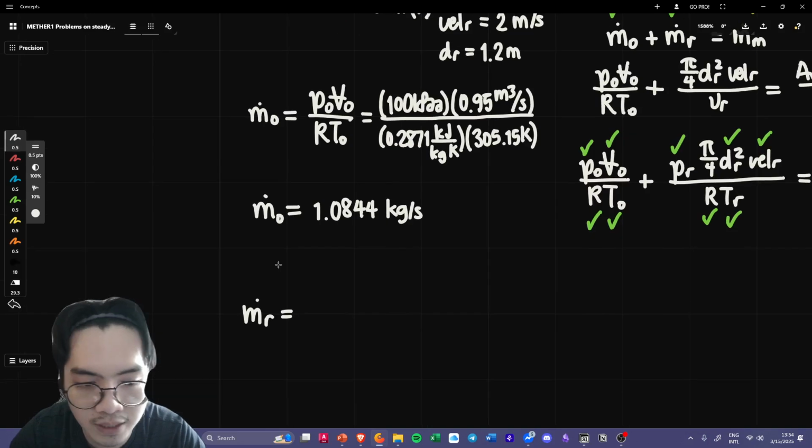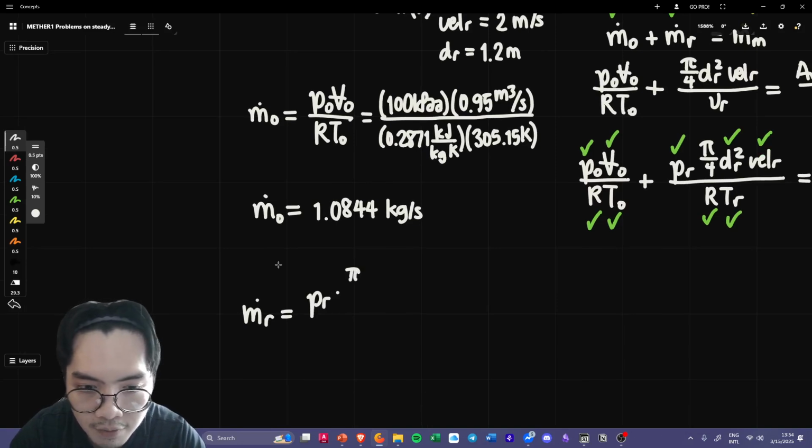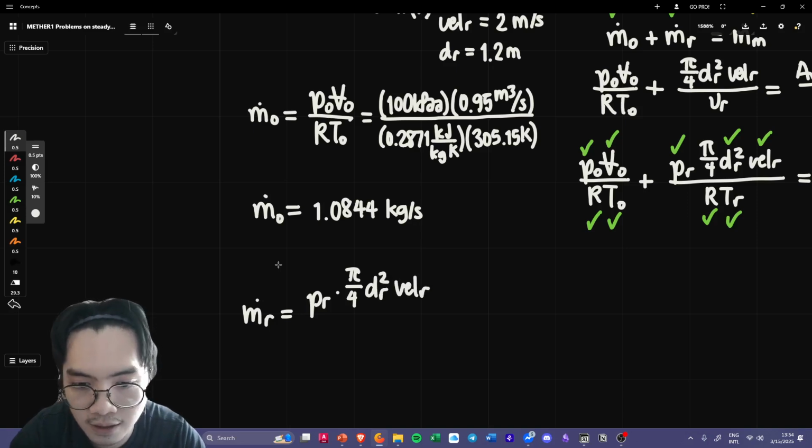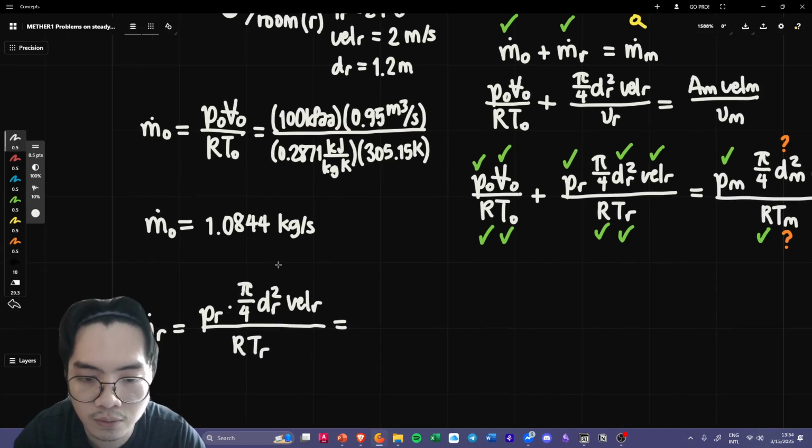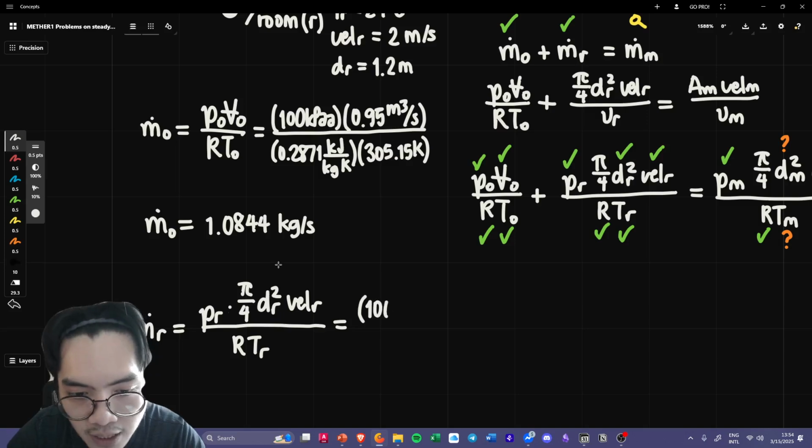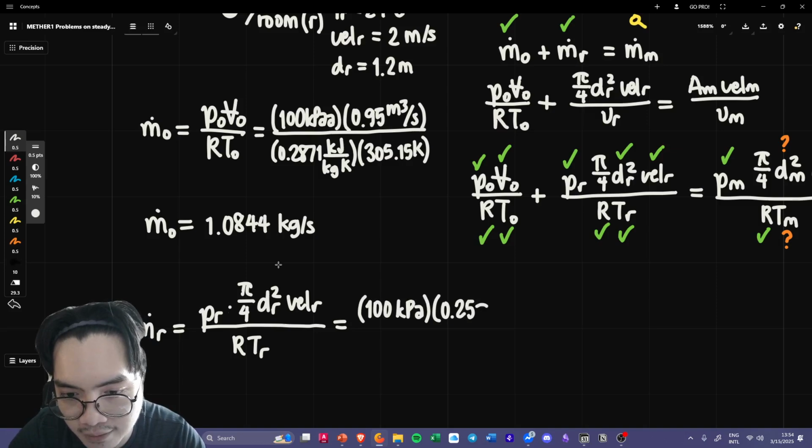Right? That's going to be PR and then pi over 4 d squared dr squared vel r all over RTR. So again, everything is 100 kPa. And then now we have 0.25 pi, right?